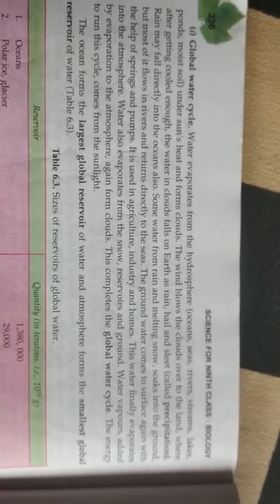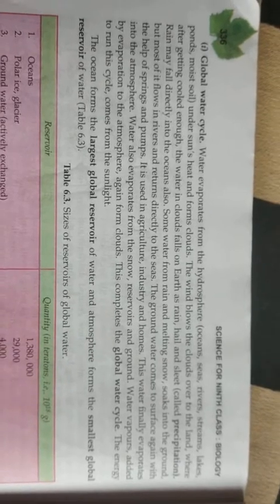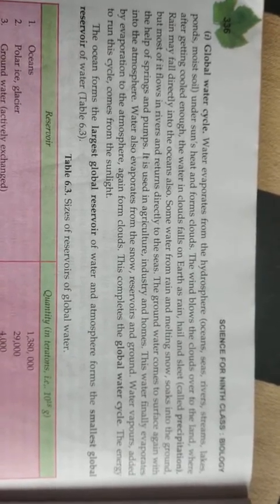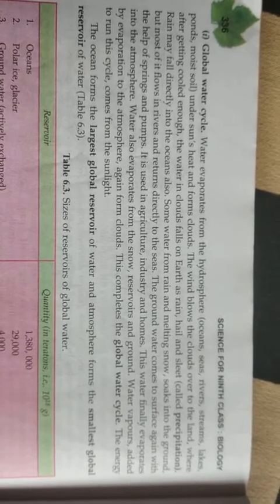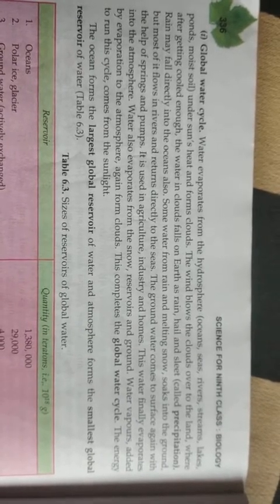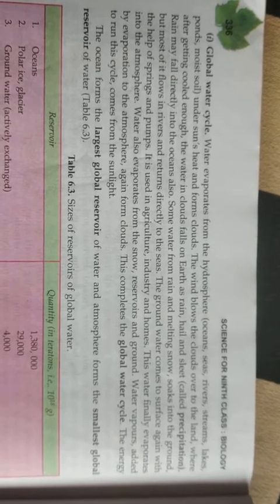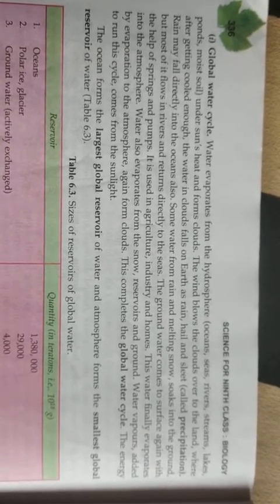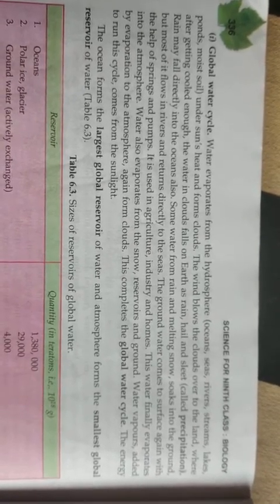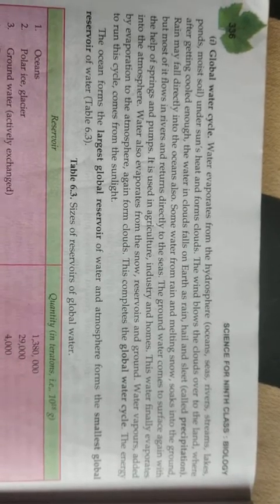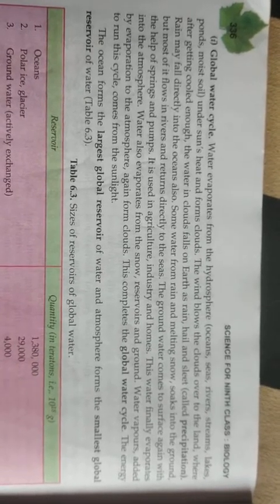But here the groundwater comes to the surface again with the help of springs and pumps. It is used in different fields for agriculture, in industries, and for domestic purposes.